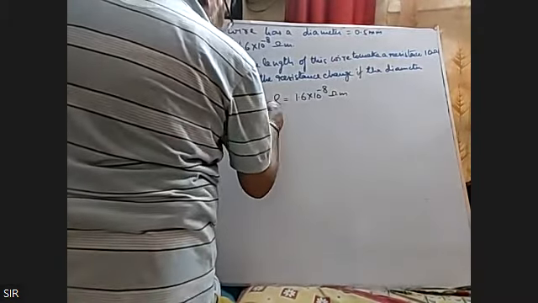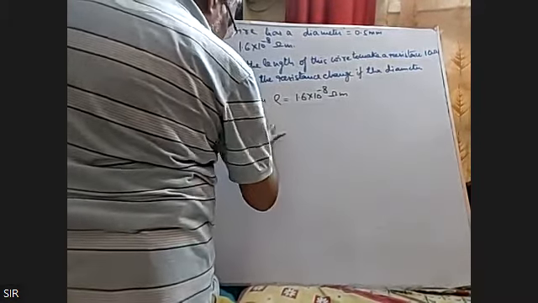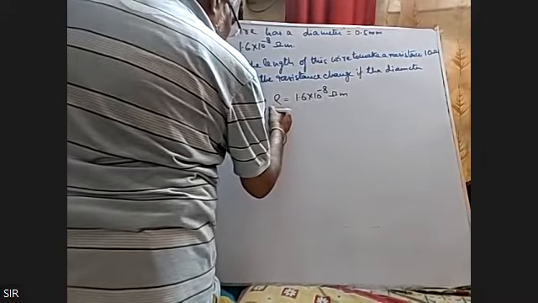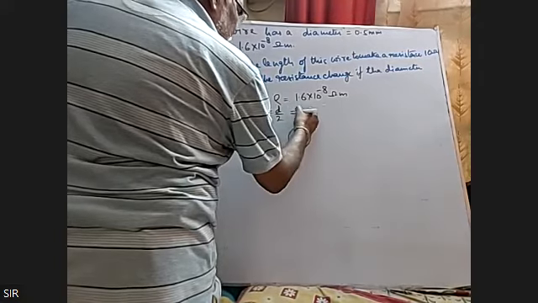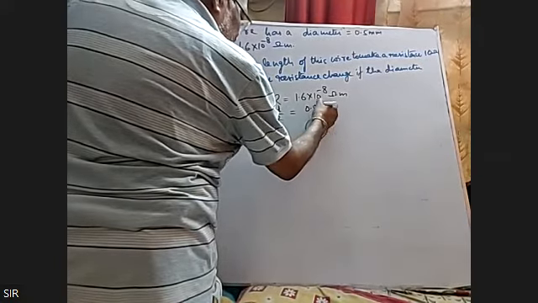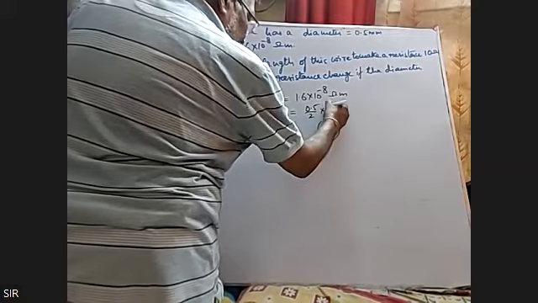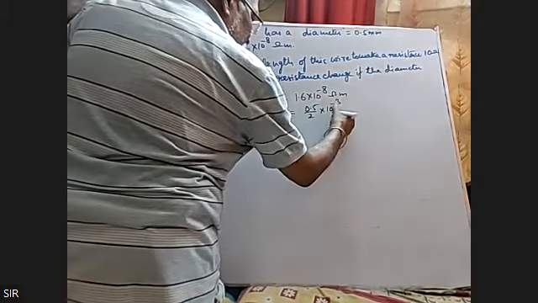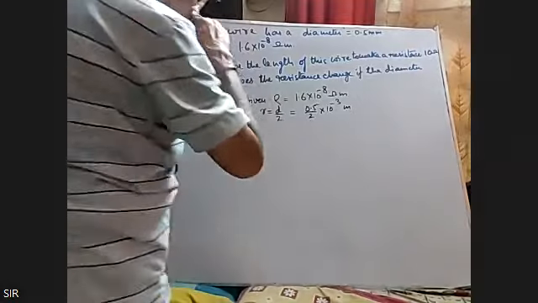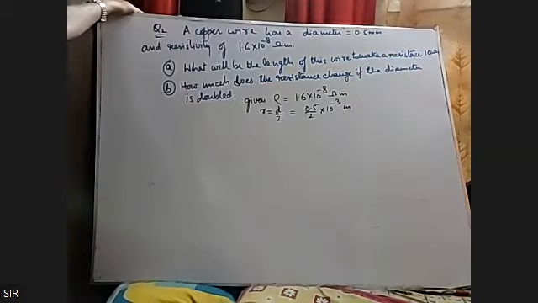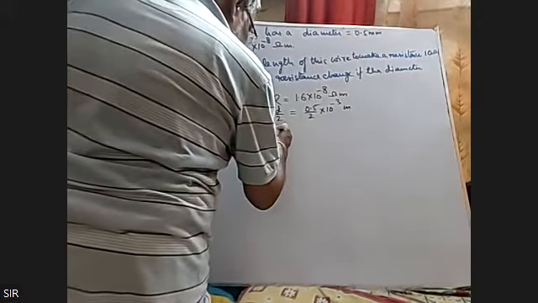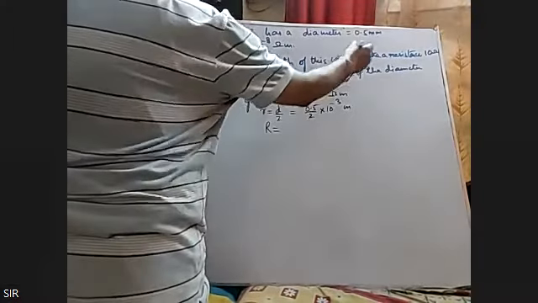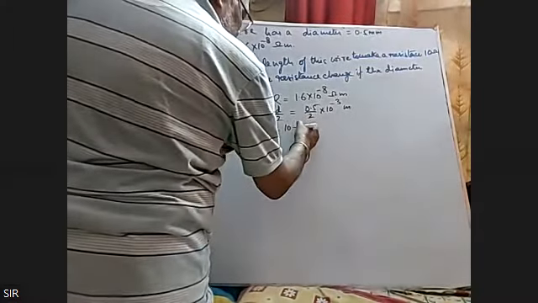Radius r is equal to diameter by 2, that is 0.5 by 2 into 10 to the power minus 3 meter, because it is in millimeter, right? And we need a resistance of 10 ohm.